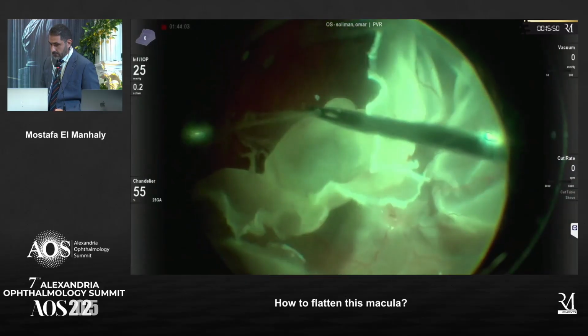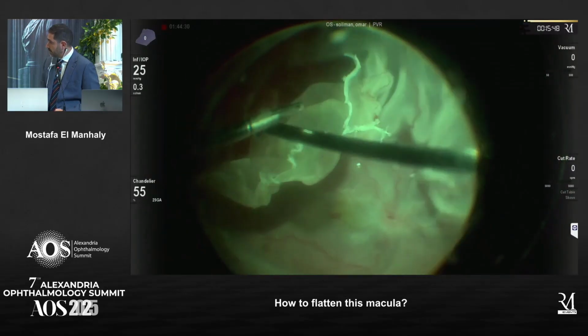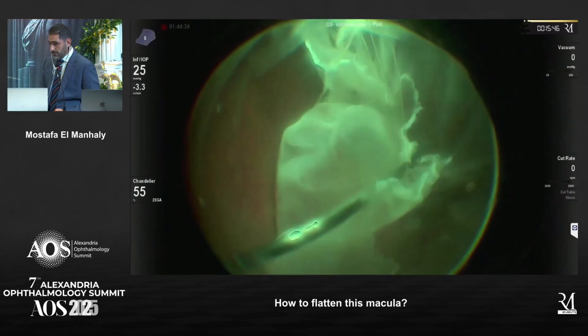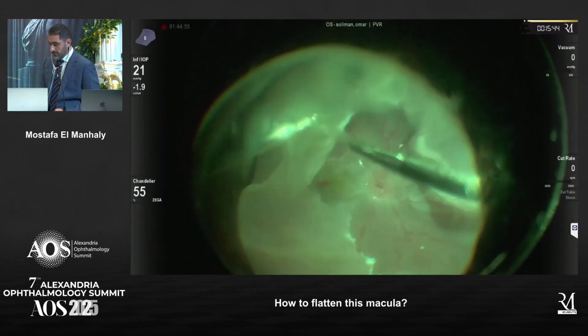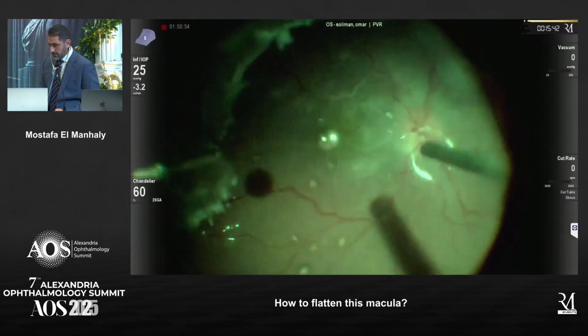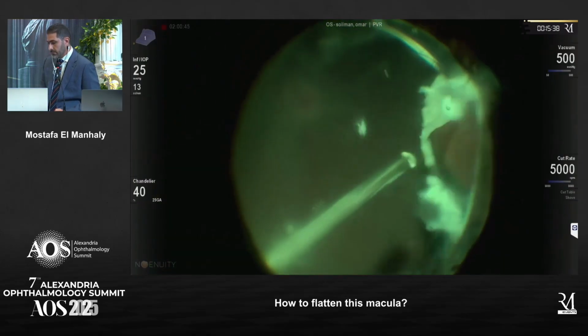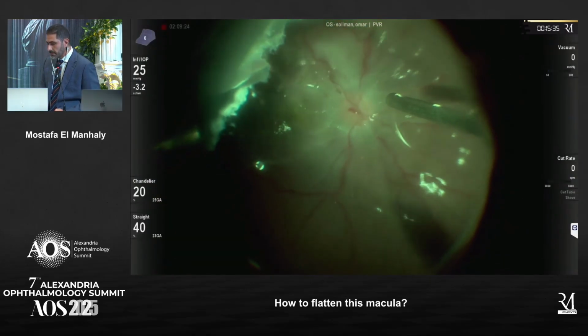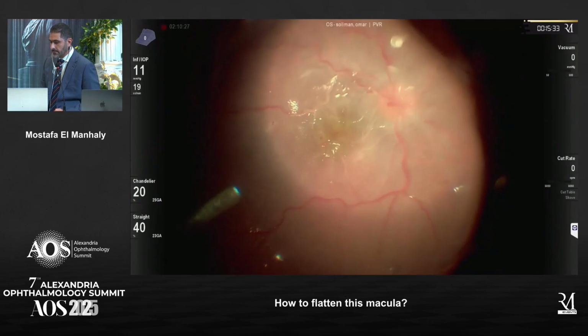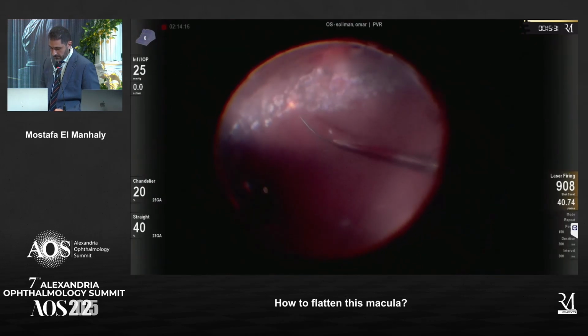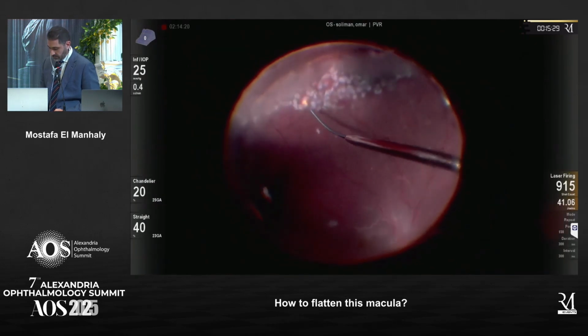And you can see that the subretinal strand was so extensive, and this is the cause of the closed funnel appearance of the detachment. So there was almost no actual epiretinal membrane, but it is due to subretinal proliferation.